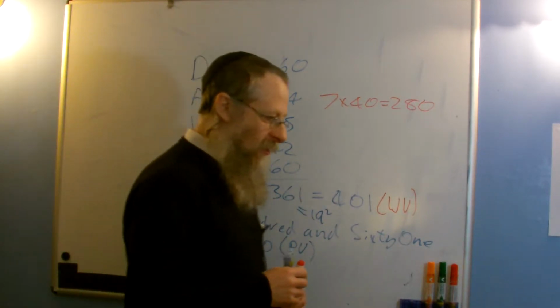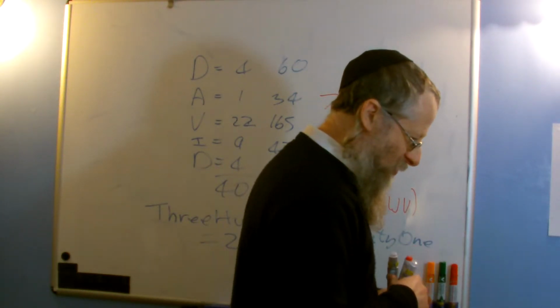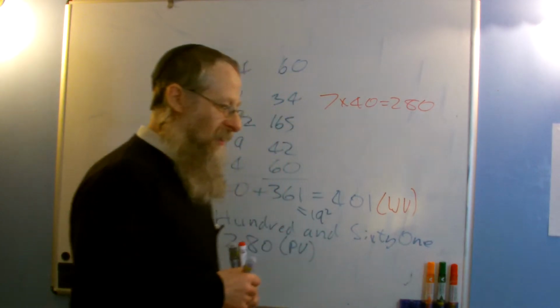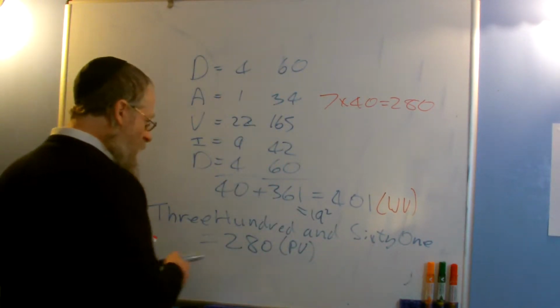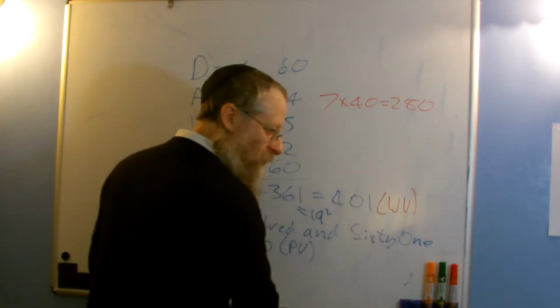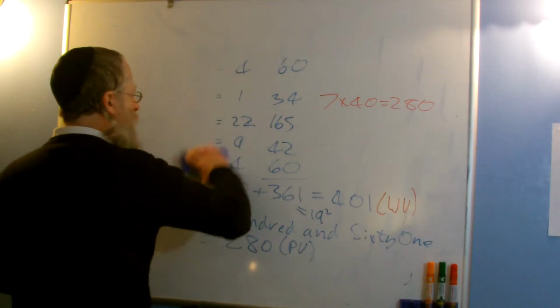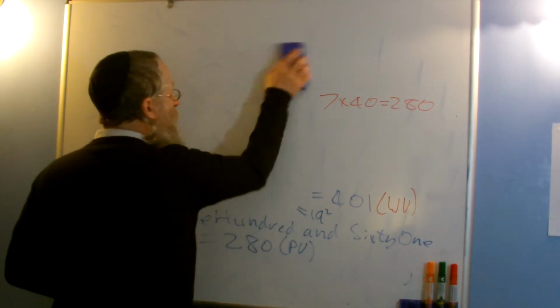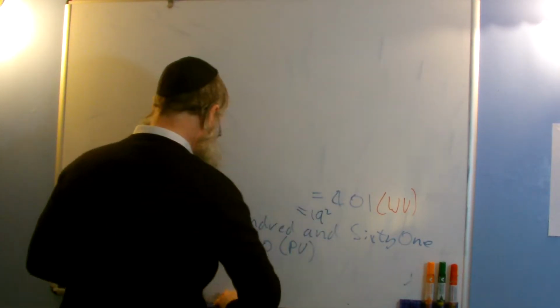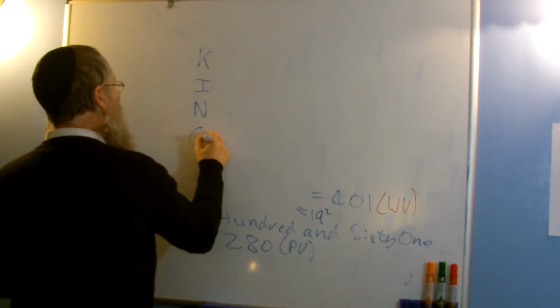If I want to connect, there's an interesting connection here with the word king. King is also 280, because King David was king. And to get that, we have to use the normal inner values of the word king. So king, K-I-N-G.